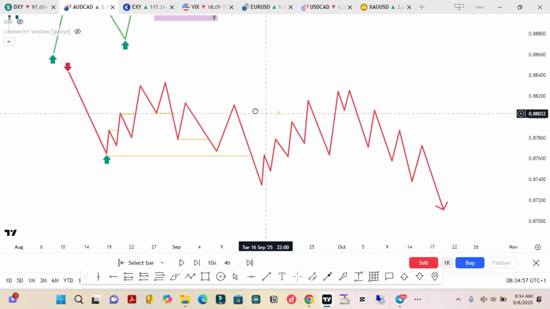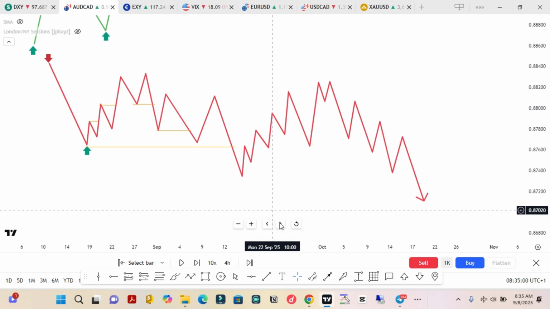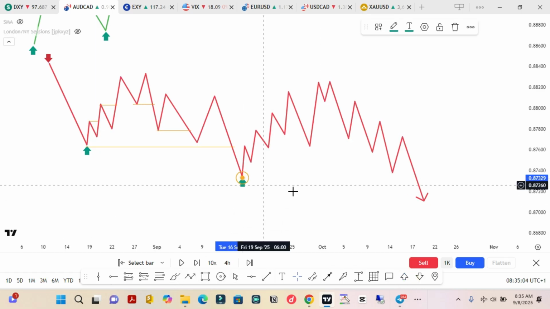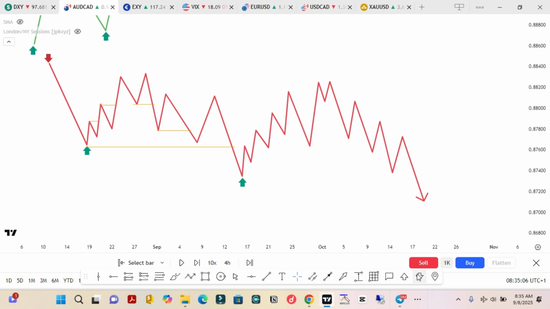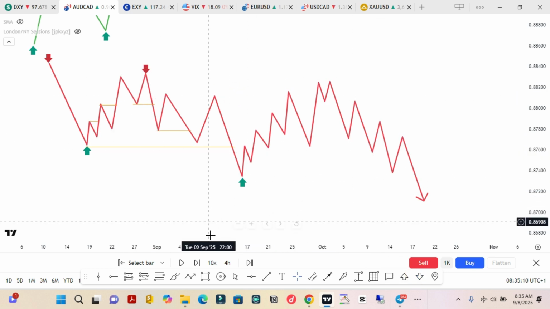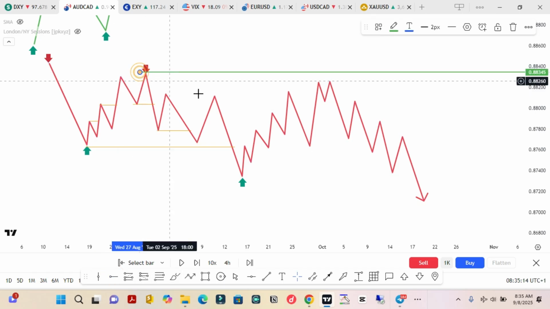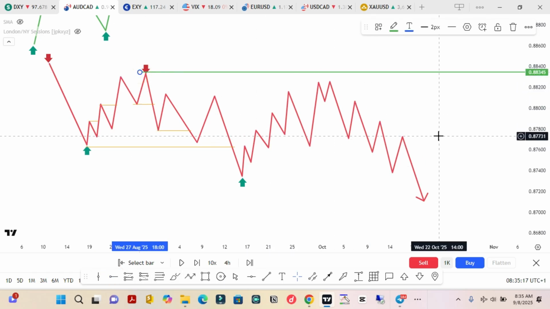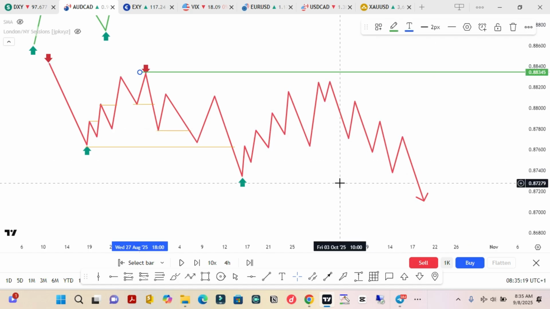When the price takes out this structure, you are looking for the next swing low, and this here is our next swing low, and this is our swing high. As long as the price does not take out this high, our bias for this trade based on the concept of overall structure is still bearish.